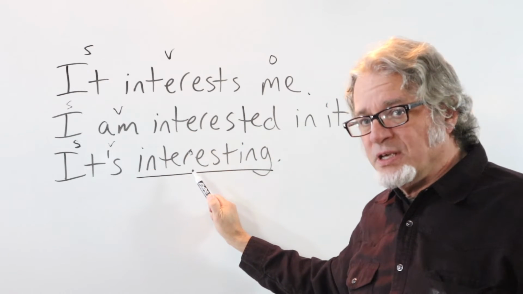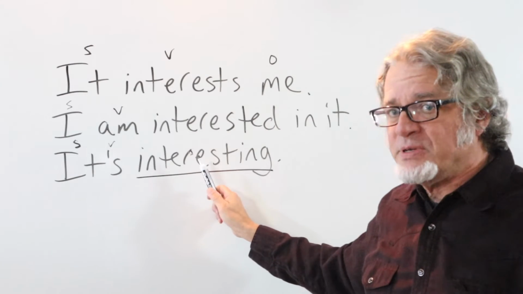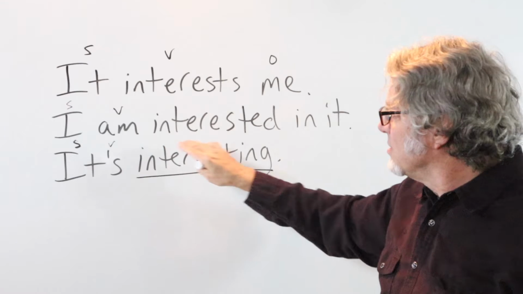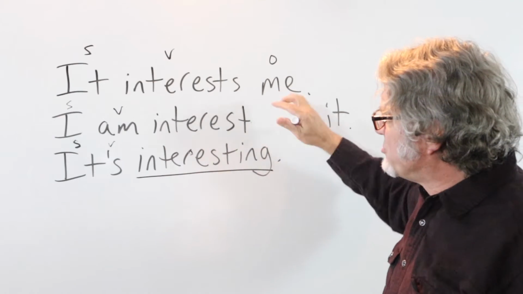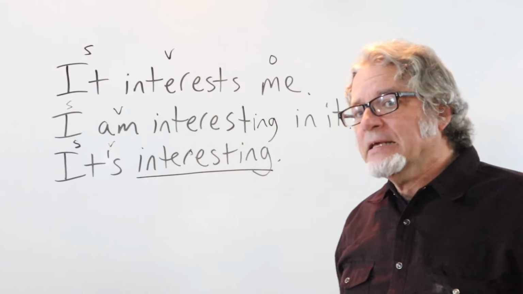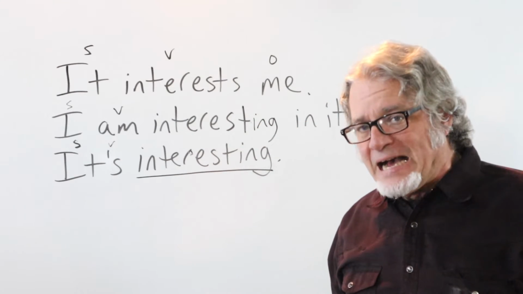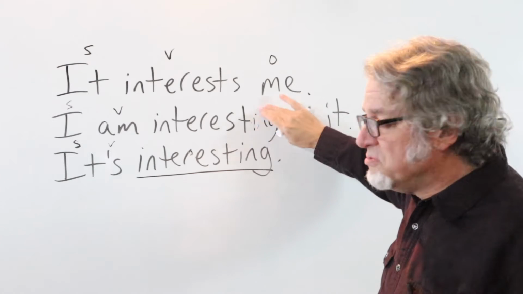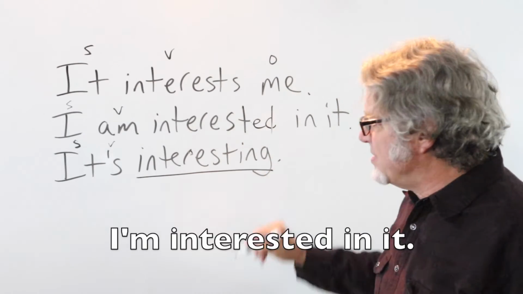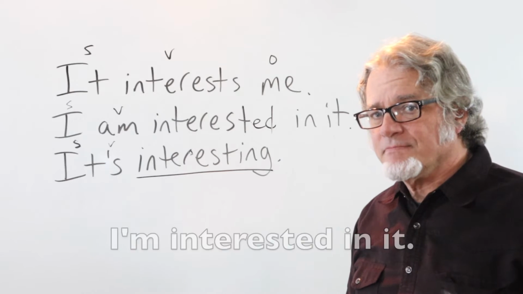It's interesting. A common mistake is to change this to interesting. I am interested in it. That is a very common mistake, so don't do it. Just say, I'm interested in it.